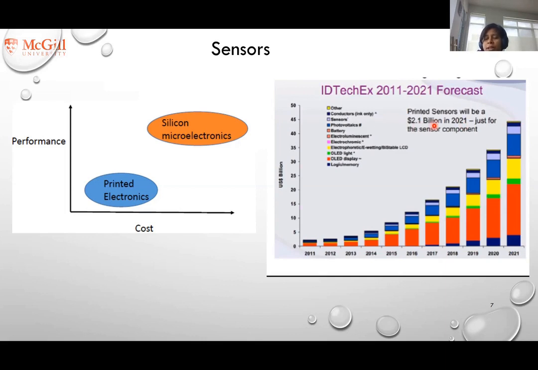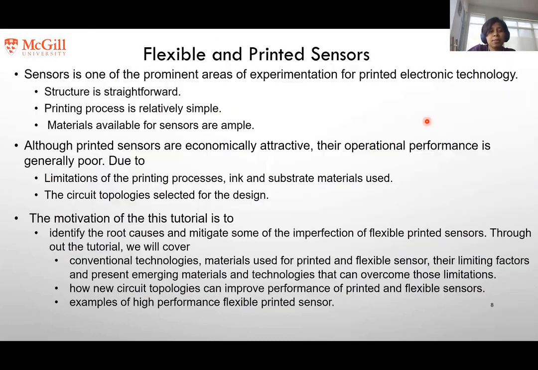So by 2021, printed sensors will account for 2.1 billion in market share. That's pretty promising, and that also shows that sensors could be a very good application area for printed and flexible electronics.